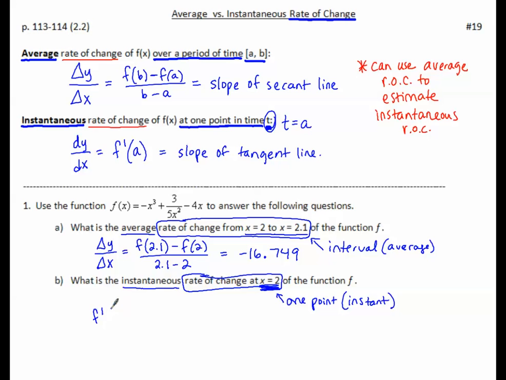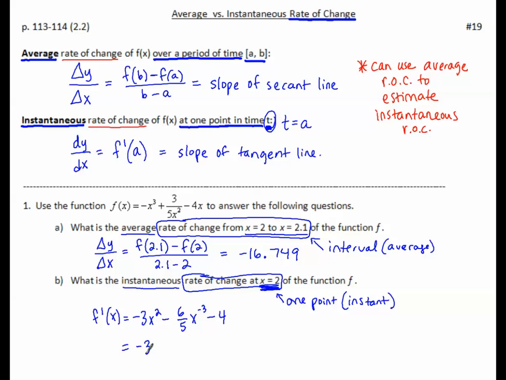So first I'm going to find f prime of x, that is negative 3x squared minus 6/5 x to the negative third minus 4. And I'm going to, of course, rewrite that because the negative exponents are just not user-friendly.